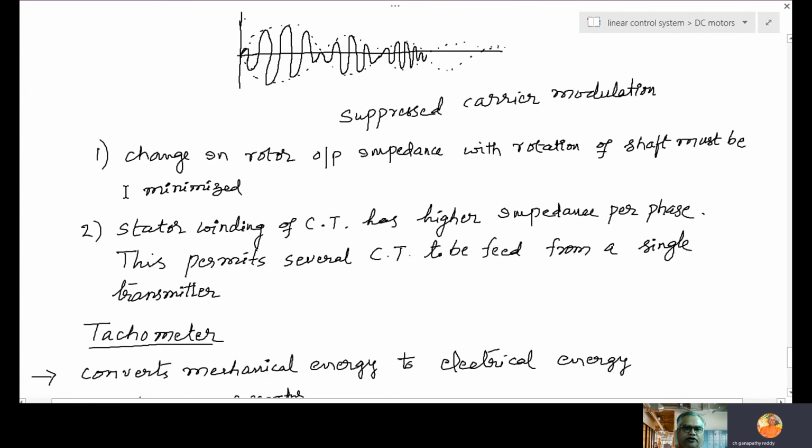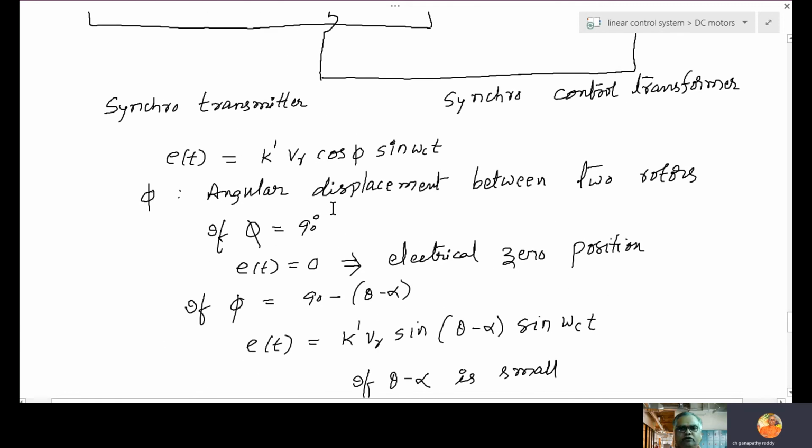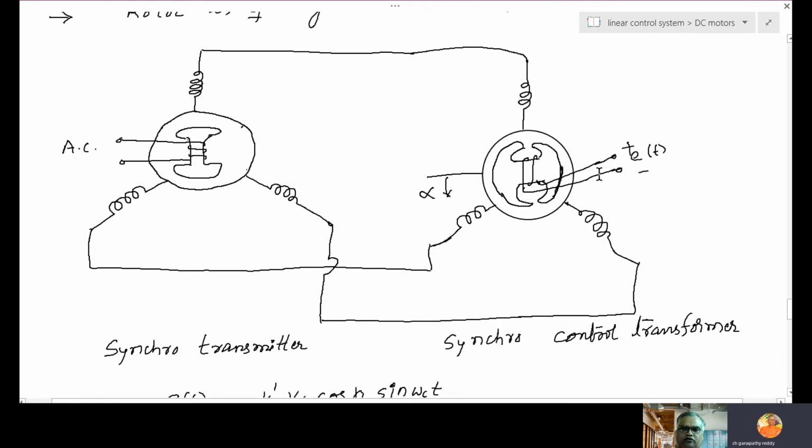Now, two important points. Change in rotor output impedance with the rotation of the shaft must be minimized. See, this output is given to some other system. That system will have some impedance, and this impedance also should be the same. If the air gap is uniform, irrespective of the rotor position, impedance will be the same.